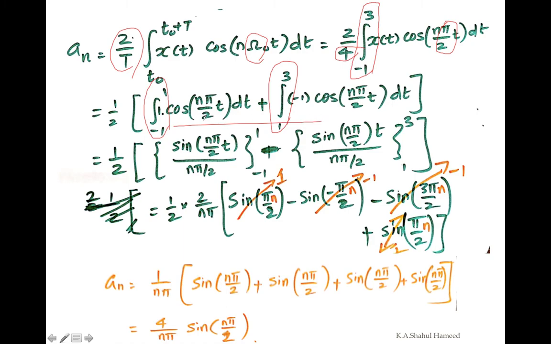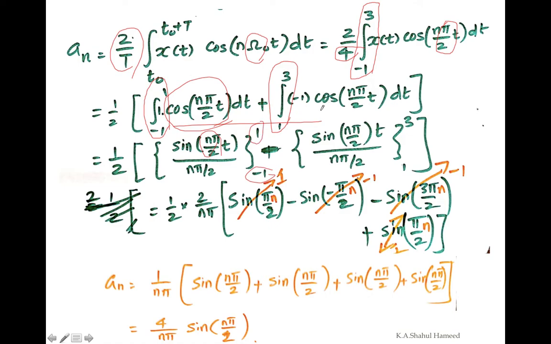Then we have to integrate cos n pi by 2 t into dt. When we integrate cos n pi by 2 t, you will get sin n pi by 2 t divided by n pi by 2, with upper and lower limit minus 1 and plus 1.